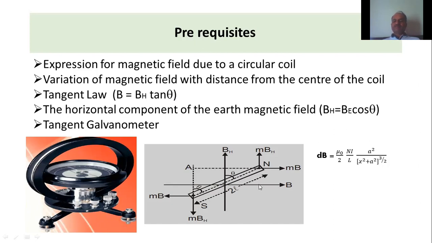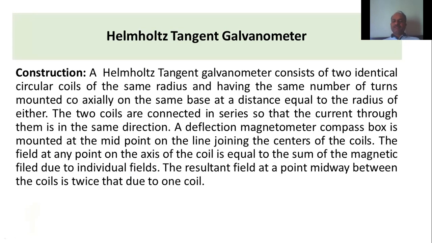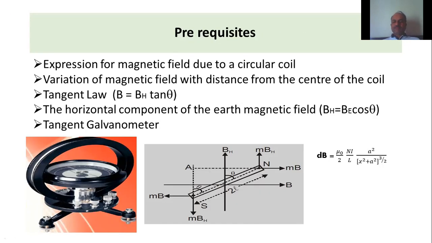And when a compass or bar magnet is freely hanged in these two fields which are perpendicular to each other, this magnetic compass will align in a direction in which the resultant of this B and BH is present. Also, the axis of this bar magnet or compass makes an angle theta with the Earth's horizontal component.